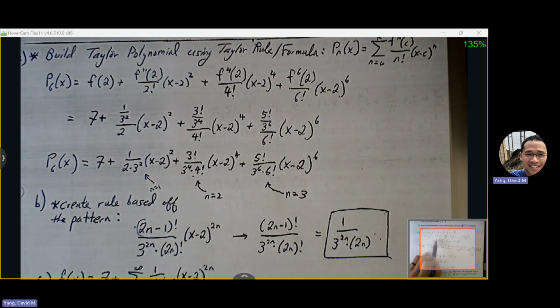And if this is n equals 1, this is n equals 2, n equals 3, we play around with our n values to create our rule. And then if we can create our rule, then we can clean this up and turn it into the coefficients when n is equal to 1, or when n is greater than or equal to 1. So we can clean up the factorials and get it all the way down to this.